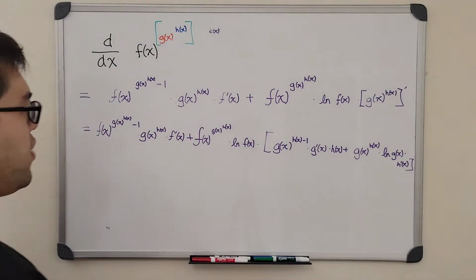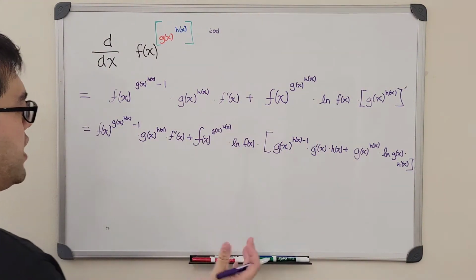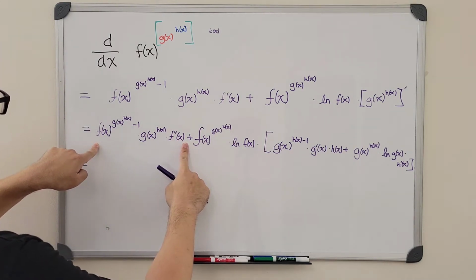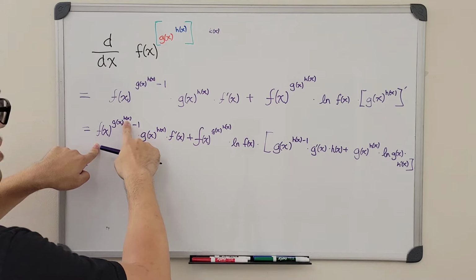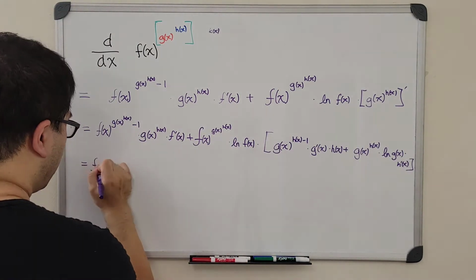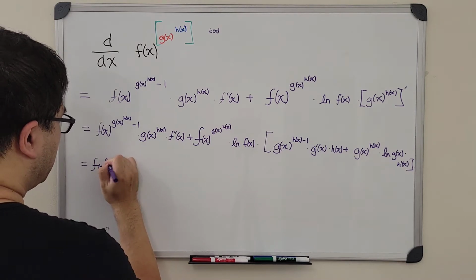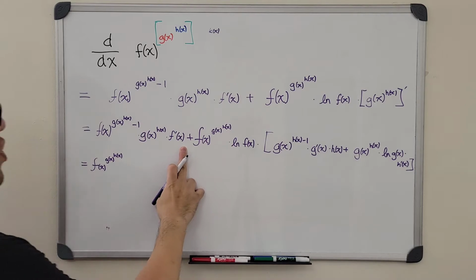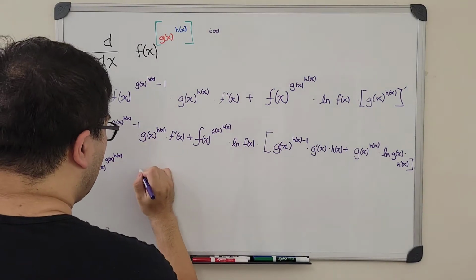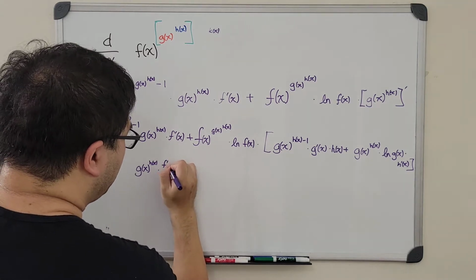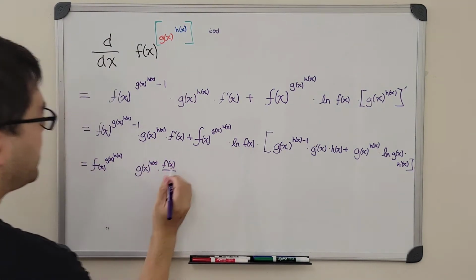So let's see. Now we can try to collect something that are similar and try to factor out something nice. So we can see that here, the first big term has f to g power to h power. And for a second big term, we also have that. Let's pull it out. We get f of x raised to g of x raised to h of x power. Then for the remaining parts, we now get g of x raised to h of x power times f prime of x over, and why do we get over?